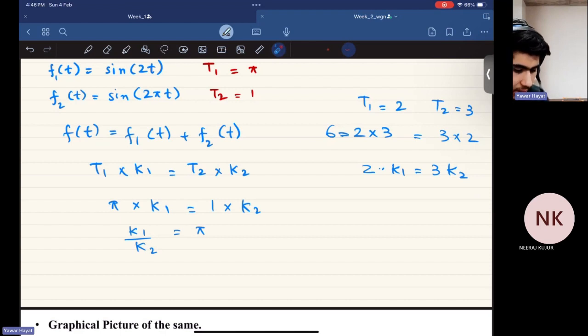That is fine. So it is an irrational number, right? So that is why we say that we are not able to find the lowest integer values of K1 and K2 such that K1 by K2 is a rational number. Let me write this statement.